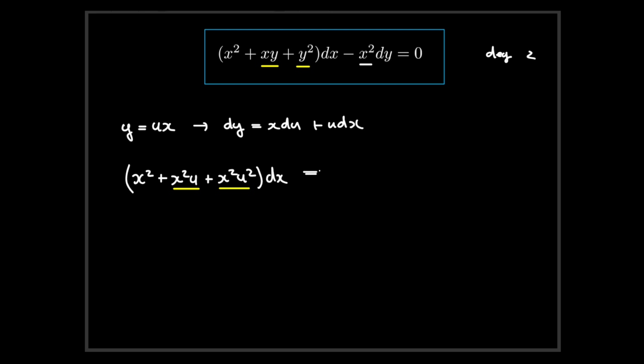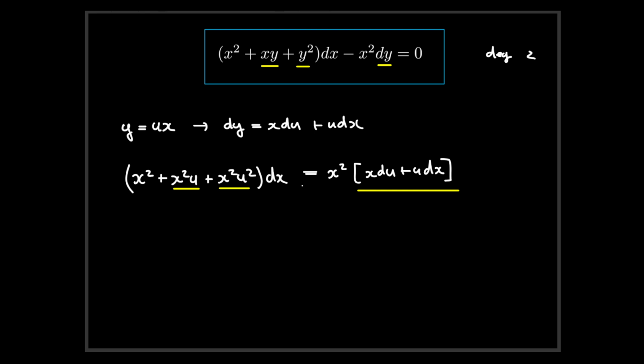And that should be equal to, shifting this term over to the right of the equality, x squared times dy, which is x du plus u dx. Good. So now we've made the substitution.